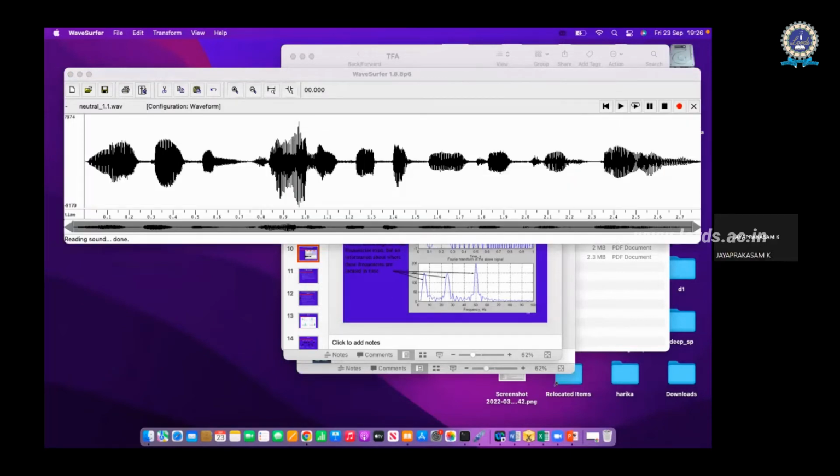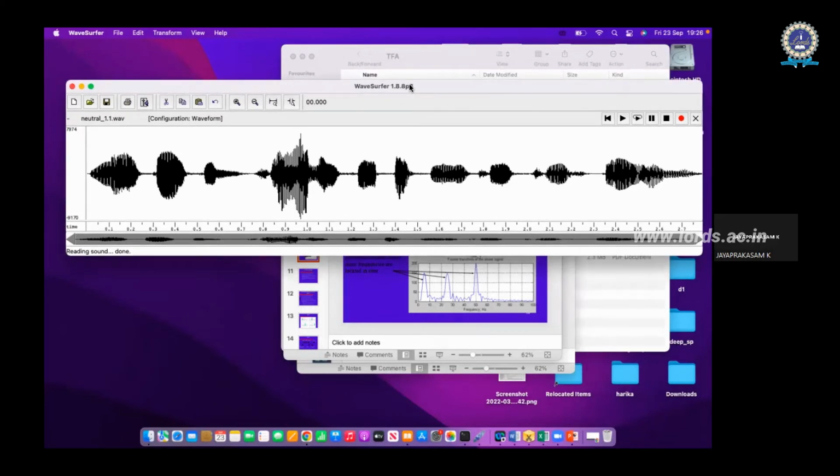Can you see the speech signal on the screen? Yes, sir. This software is called WaveSurfer, which is free software you can download. It will be helpful to record or play the speech signal. So this is a speech signal.